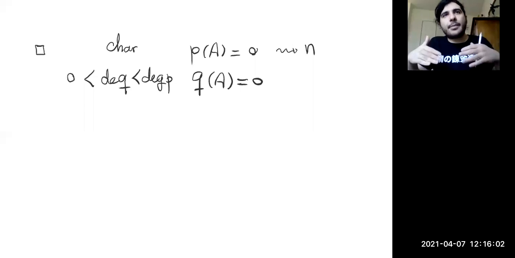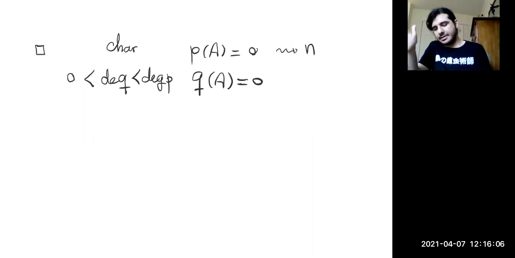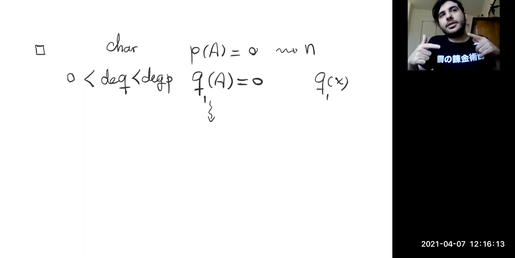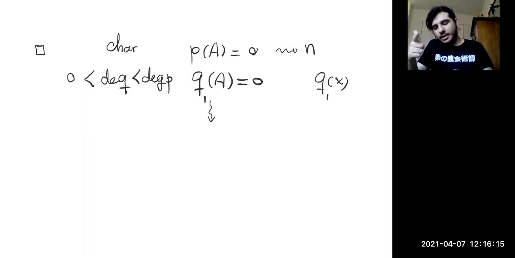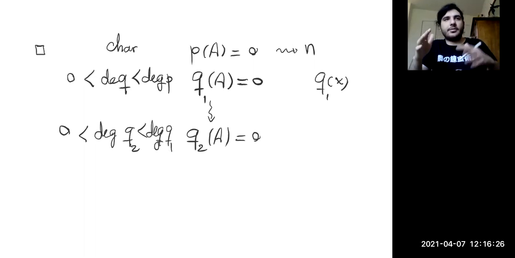If this happens, then consider q as a polynomial, let's call it q1. Either there is one polynomial q2 with degree less than the degree of q1, such that this happens, and its degree is positive, or not.